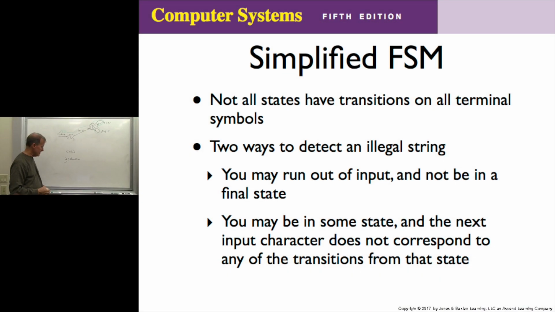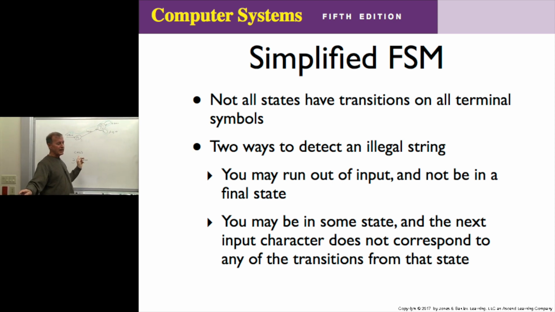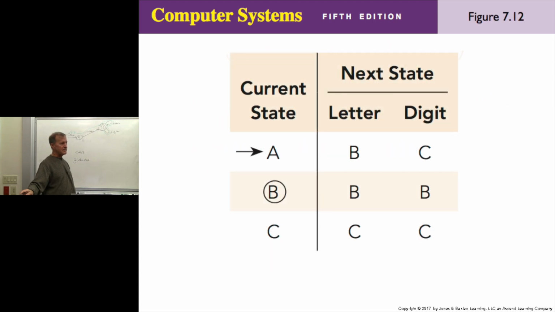Now tell me this, riddle me this, Batman. What is the state transition table going to look like for a simplified finite state machine? Because 7.12 was our table for a full finite state machine. And notice what does figure 7.12 have?